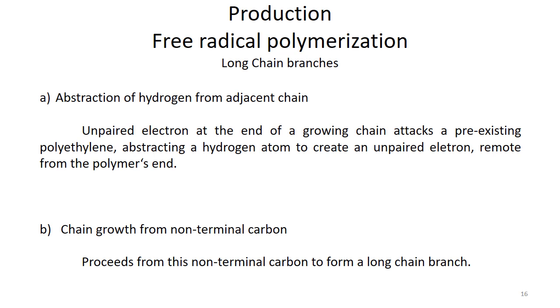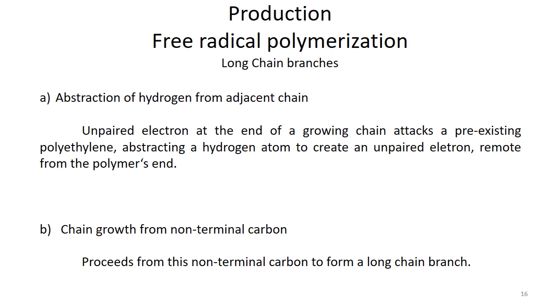There are a few processes involved in the formation of these branches. Long branches occur when an unpaired electron at the growing chain attacks a pre-existing polyethylene molecule and abstracts a hydrogen atom, creating an unpaired electron that is removed from the polymer's end.